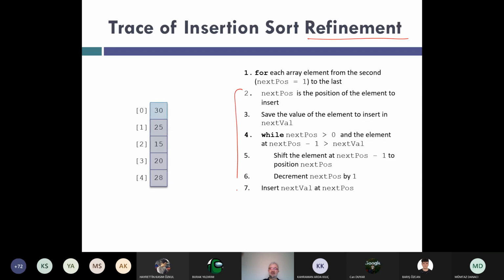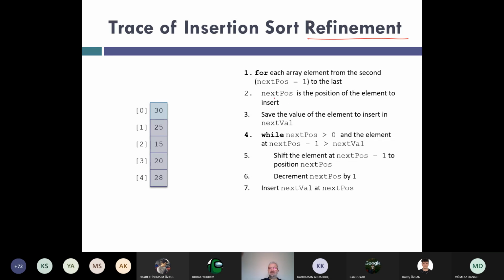The second step is written in detail. So we have the next position will be from second to last, from 1 to n minus 1 actually.